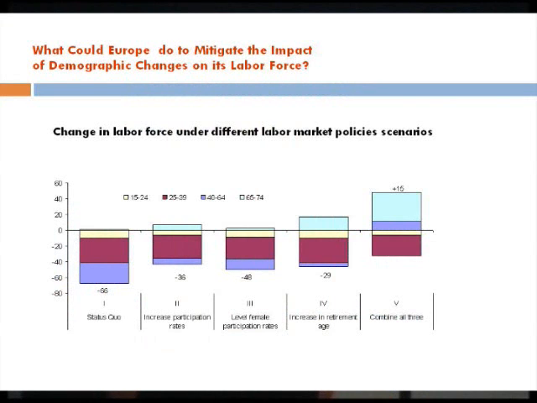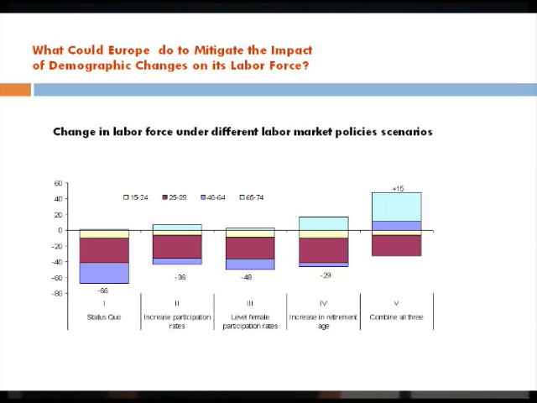Okay, now we could say, but Europe, for example, could do a number of things to address this situation. So here we looked at a number of labor market policy scenarios.